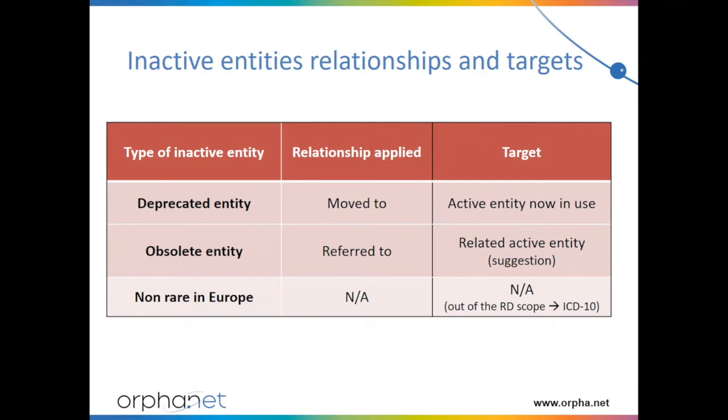As for non-rare diseases, we do not enter matching ORPHAcodes because the phenotype is out of the rare diseases scope, so the Orphanet nomenclature does no longer apply to these patients, and we usually recommend to use the ICD-10 code instead.